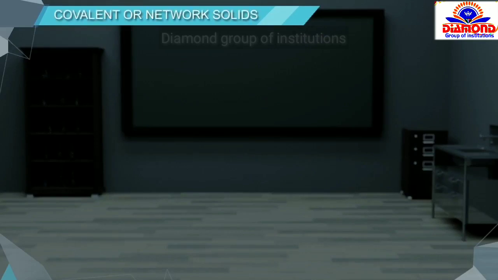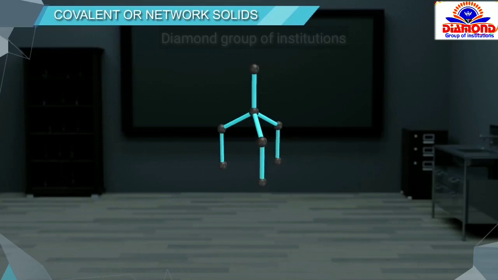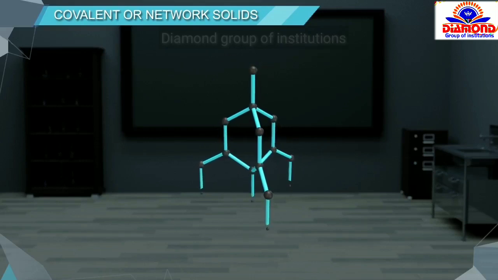Now, let us discuss covalent solids. These are crystalline solids in which the constituent particles are non-metal atoms linked to adjacent atoms by covalent bonds throughout the crystal structure. As a result, a network of covalent bonds is formed.